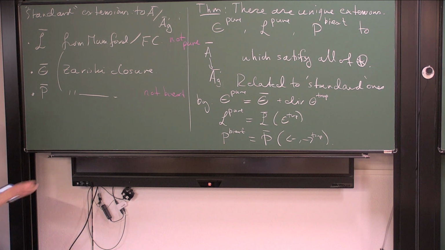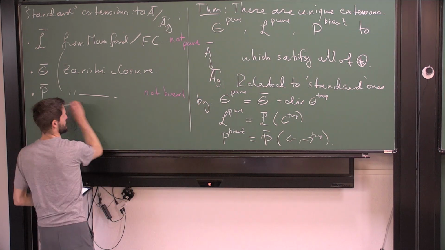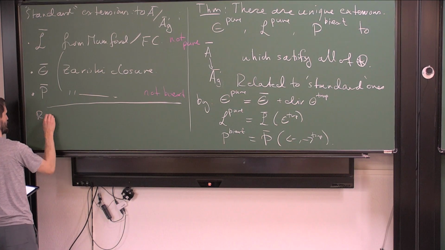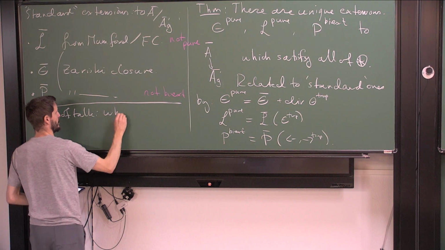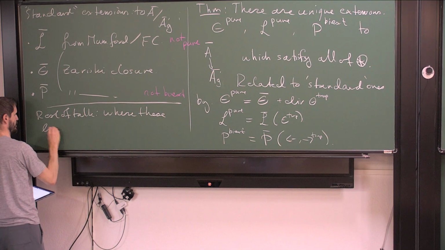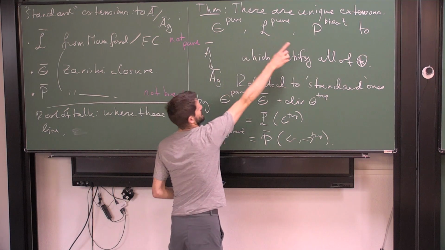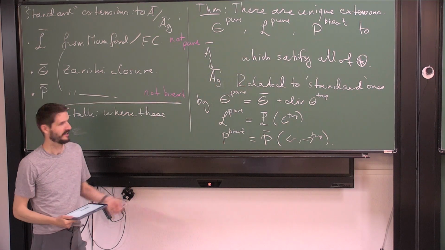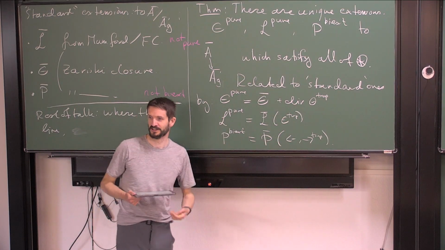I think what I haven't told you is what any of these things are. What I need to tell you, and what I will spend the rest of the talk doing, is where these live, what kind of objects these things are, what these tropical theta functions are, and what all these symbols mean, none of which I've defined.